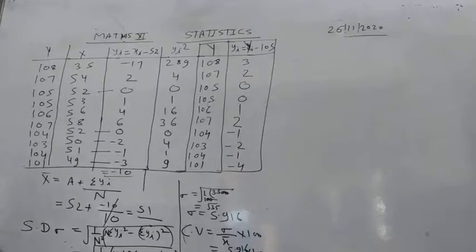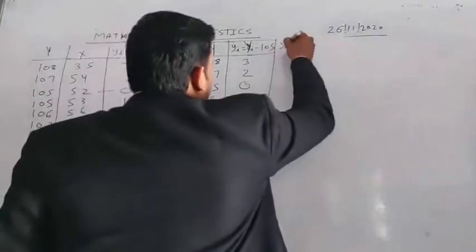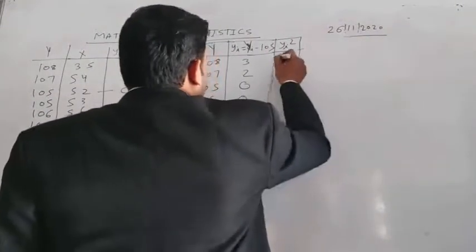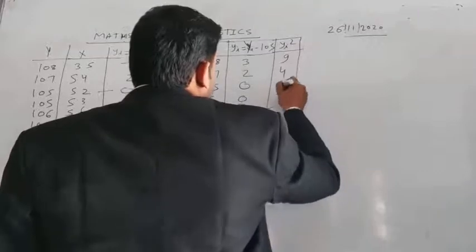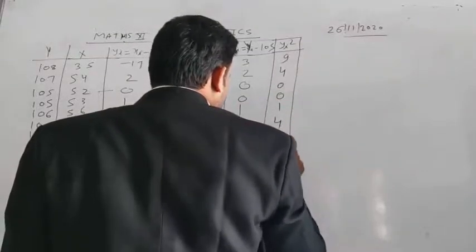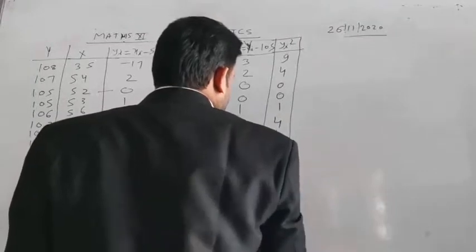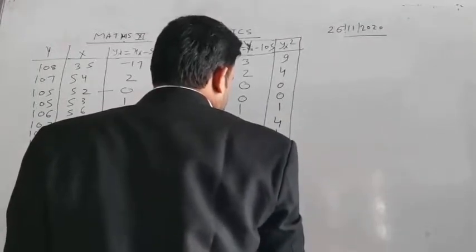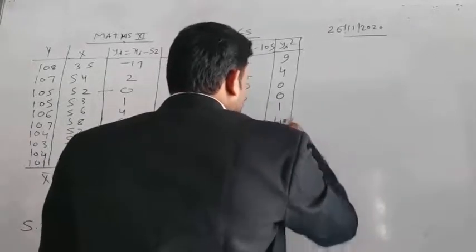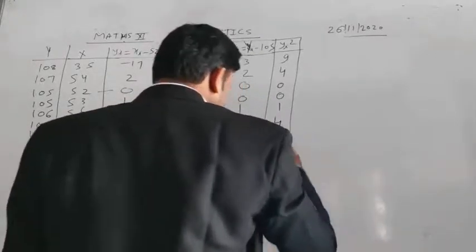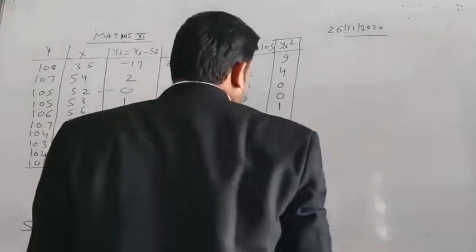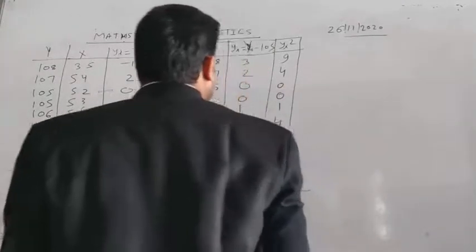Now we will find our yi square again. So it will be what? 9, 4, 0, 1, 4, 1, 4, 1, 16. Now we will find summation yi square, which is 40.